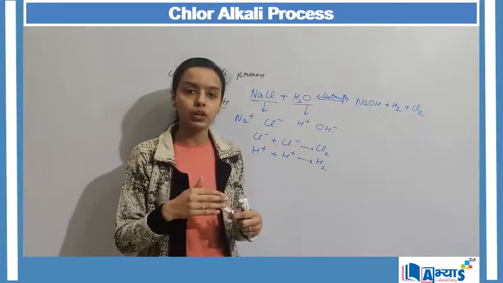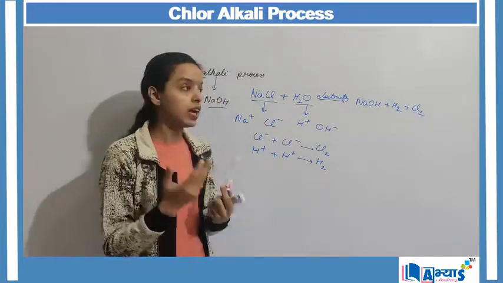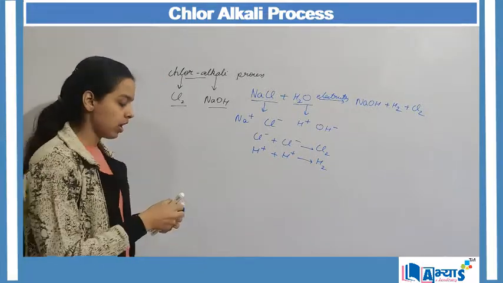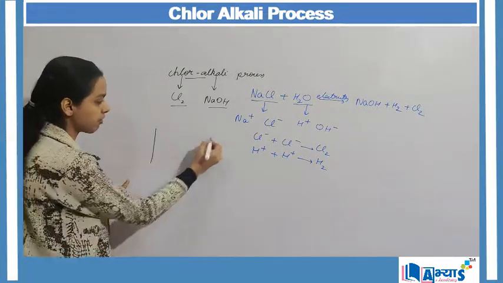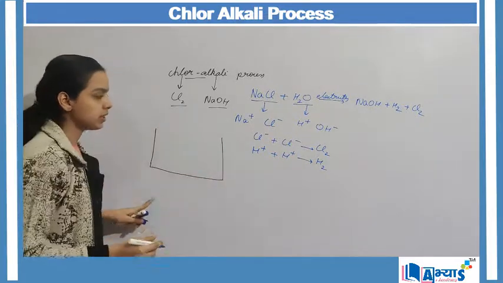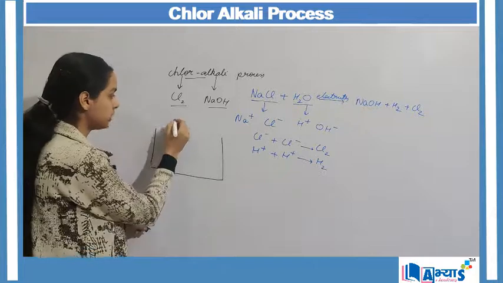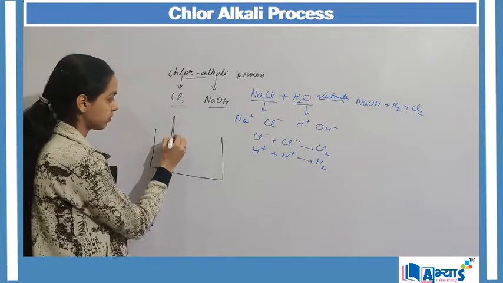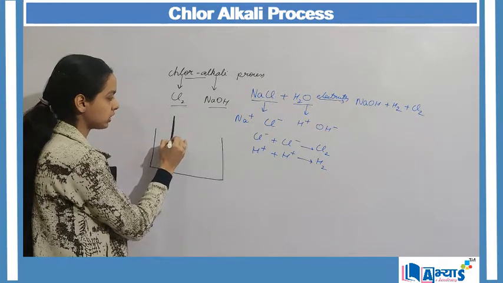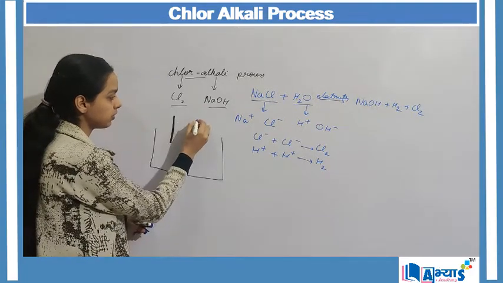So when we have discussed the chemical equation and how the reactants dissociate into ions and how these ions combine together to form different products, we will now see the setup for this type of chemical reaction. In the setup, we will have a beaker. In this beaker, we will have two electrodes. Basically, the two electrodes will have a positive and a negative terminal.